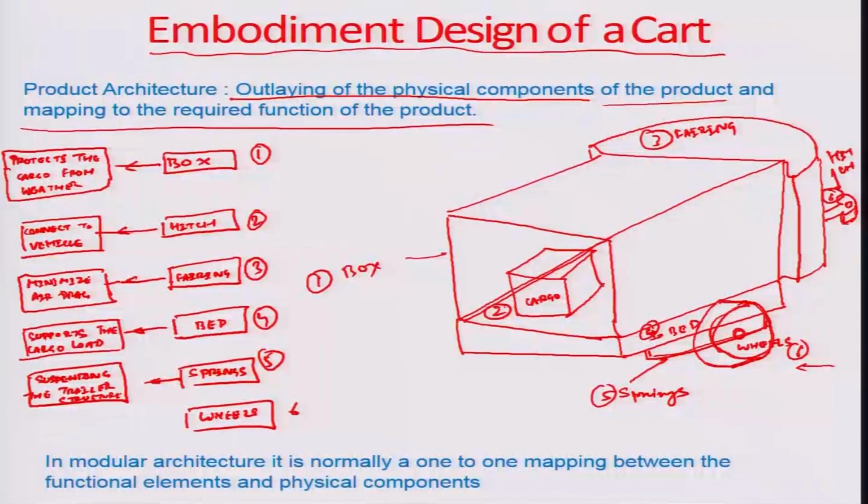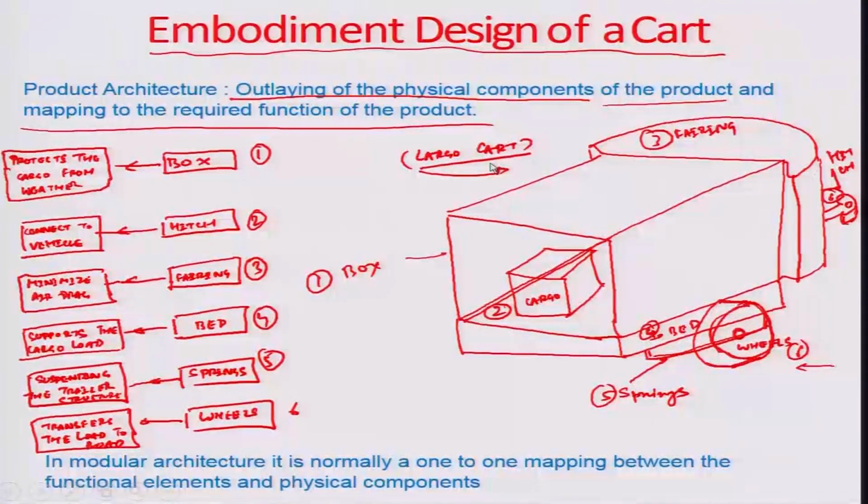Okay. So, you basically say that this transfers the load to the road. Okay. So, this is how you can design the embodiment in this particular illustration, which is a cargo cart, in a one-to-one mapping of each component associated with some functionality.